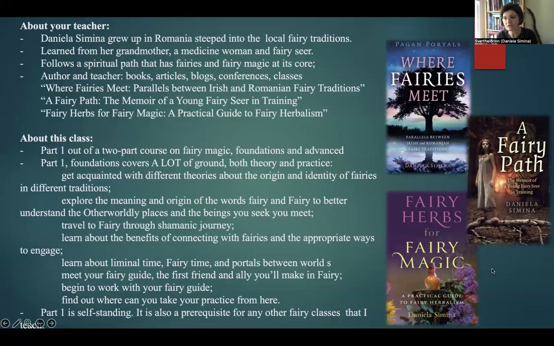Then the second book cover shows a young girl standing on a tree trunk that's fallen across a path in the woods. It is sunset. Sunset by itself is suggestive of this liminal time when fairies are active. The girl is dressed in white.